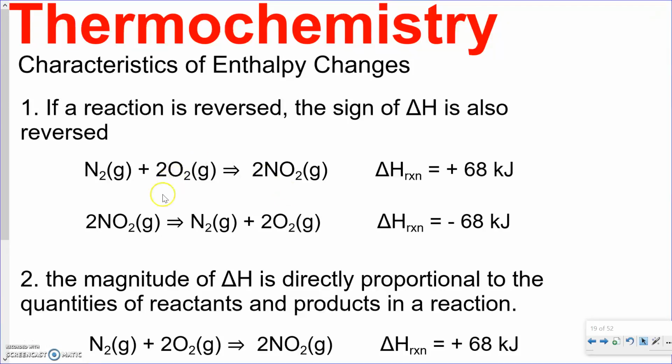Well, if this reaction is endothermic, positive delta H, guess what the reverse is? It's exothermic. It is a negative 68. Notice both these values are exactly the same, but it's a sign that's different. And it's because these reactions are exactly the same, but they're reversed of each other. So delta H can be reversed if we change the reaction or flip the reaction.